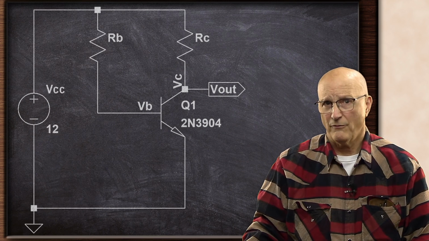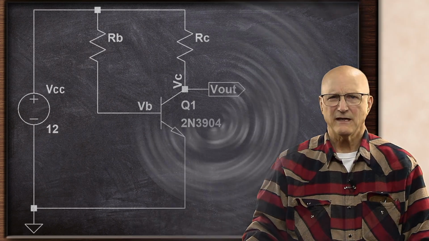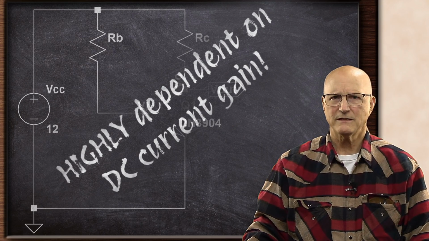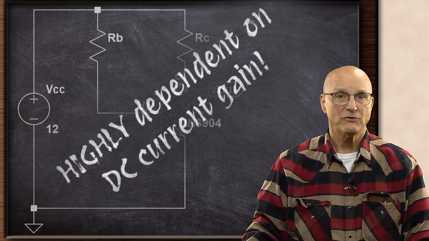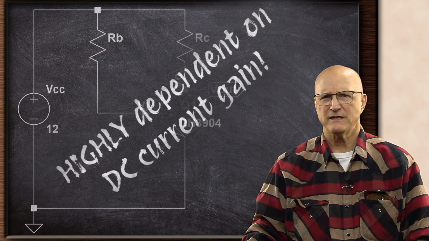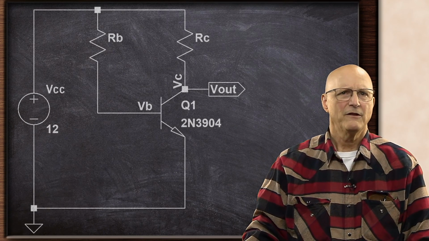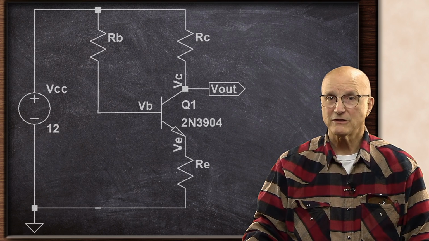Now, as I said before, the problem with the basic common emitter circuit is that its DC operating point was highly dependent on the DC current gain of the transistor. At that time, I told you that I would show you how to rein this in, making two changes to the basic circuit. The first change is with the addition of a resistor in the emitter circuit.